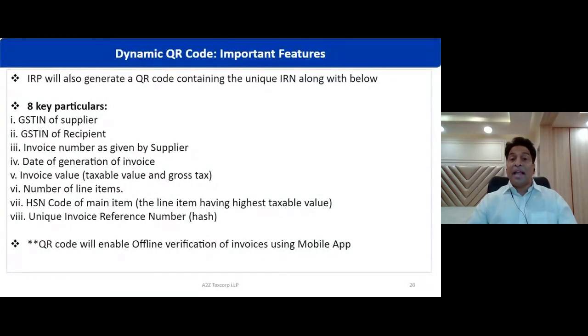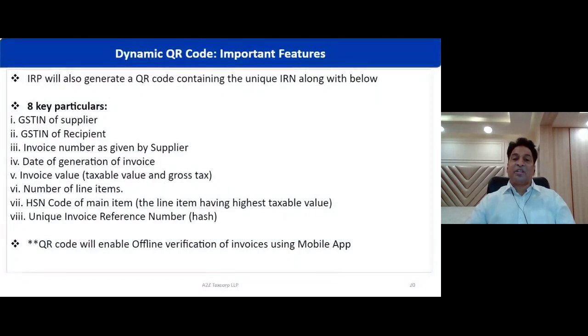There are 1,000 line items prescribed and permissible, so with the QR code you can see how many line items are covered in that invoice. HSN code of the main item is to be picked up. You need not pick up the HSN code of each line item; the main line item HSN code, which has the highest taxable value, needs to be picked up.